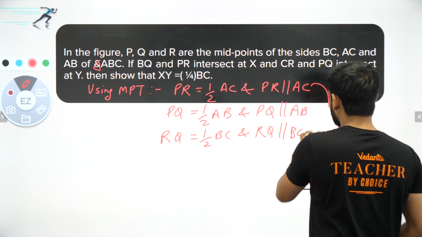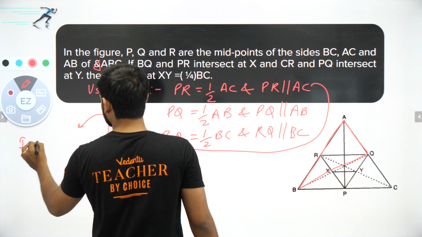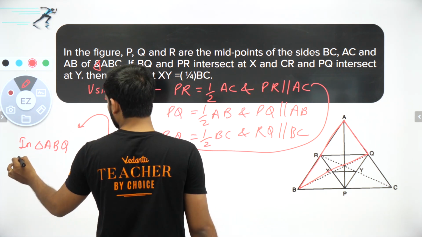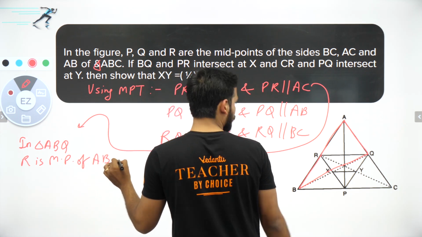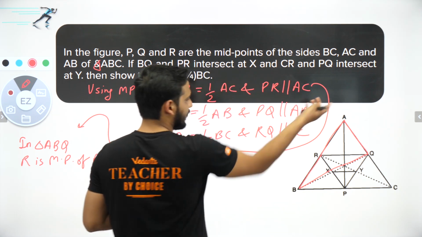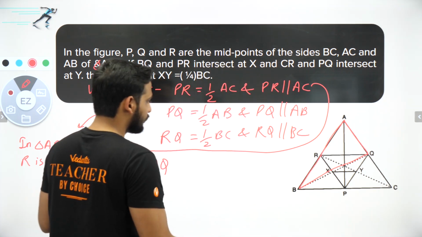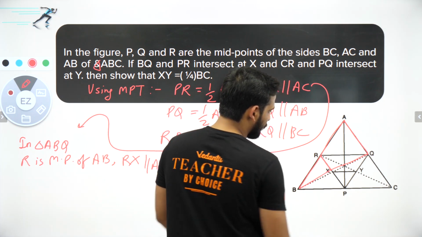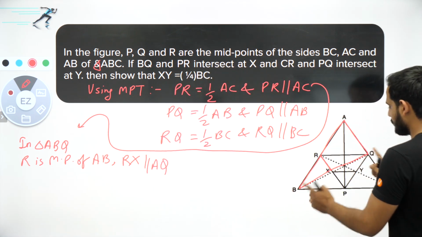In triangle ABQ, we know R is the midpoint of AB, and RX is parallel to AQ because PR is parallel to AC. If PR is parallel to AC, their parts will also be parallel. So using converse of MPT, this line will intersect this side at its midpoint. So X is the midpoint of BQ.